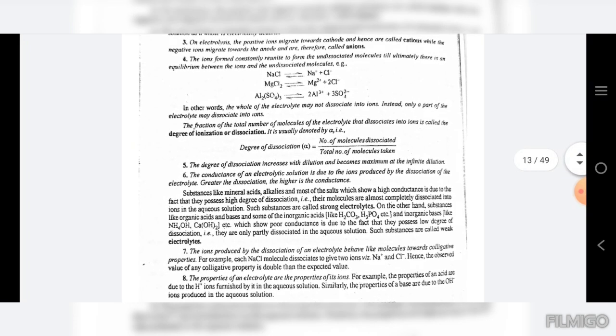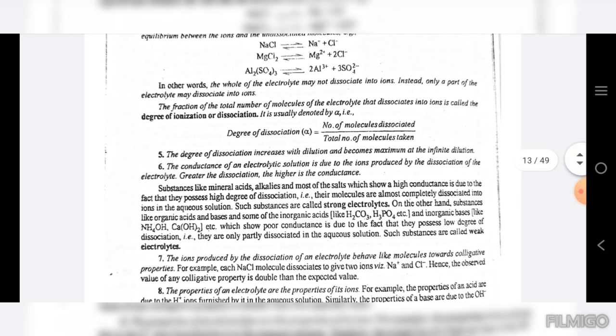The ions formed constantly reunite to form the undissociated molecules. Still, ultimately, there is an equilibrium between the ions and the undissociated molecules. Example of NaCl, MgCl2 and Al2(SO4)3. In other words, the whole of the electrolyte may not dissociate into ions. Instead, only a part of the electrolyte may dissociate into ions.